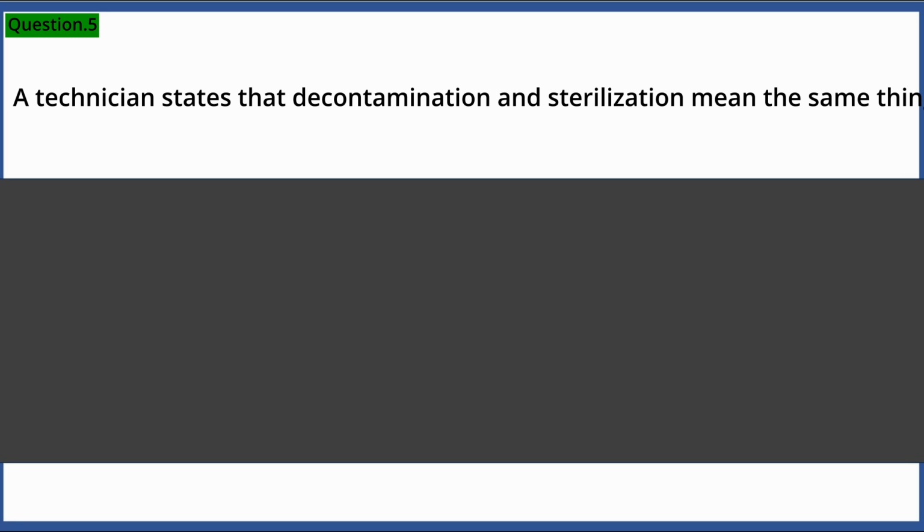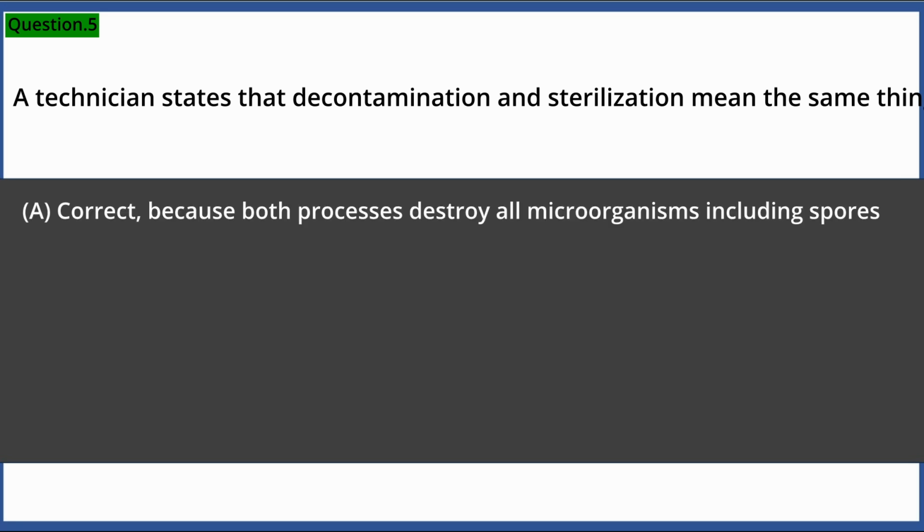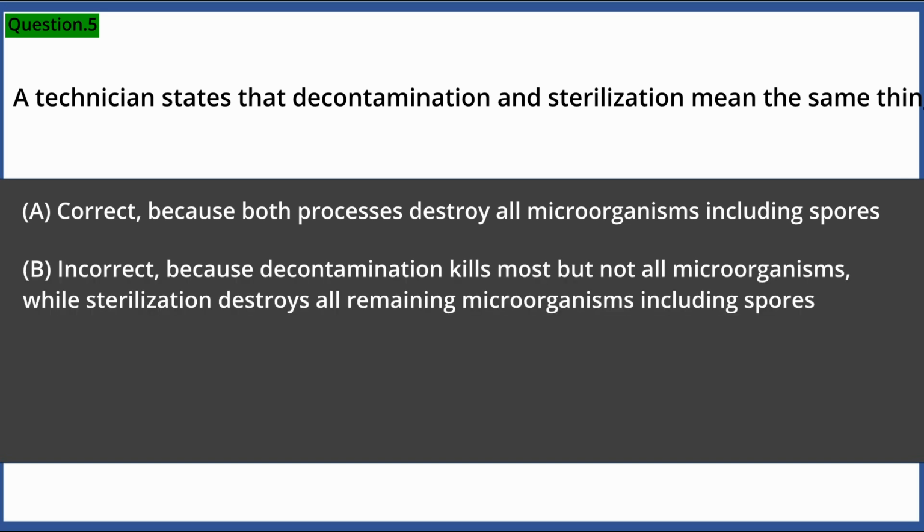A technician states that decontamination and sterilization mean the same thing because both make devices safe for patient use. Which response is most accurate? A. Correct, because both processes destroy all microorganisms including spores. B. Incorrect, because decontamination kills most but not all microorganisms, while sterilization destroys all remaining microorganisms including spores.